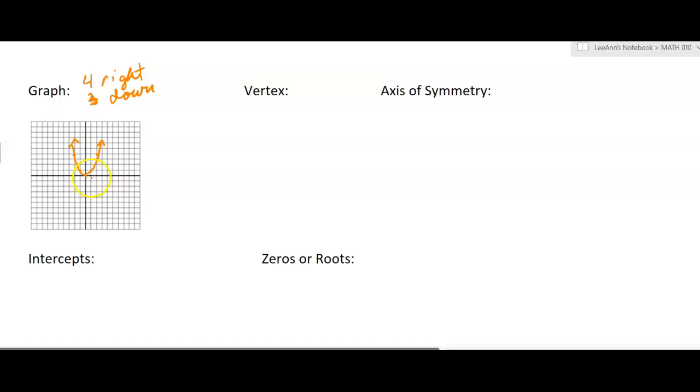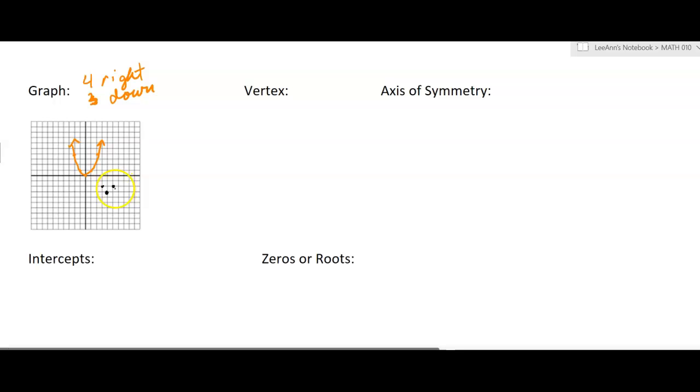So I'm going to take my vertex, whoops, I haven't talked about that yet. I'm going to take the bottom of the parabola and go 1, 2, 3, 4, 1, 2, 3 down. And then I'm just going to make those points as if that minimum on the parabola were the new axis system, the new origin. So I'm thinking about going 1, 1 from that point that I just drew, that minimum point.